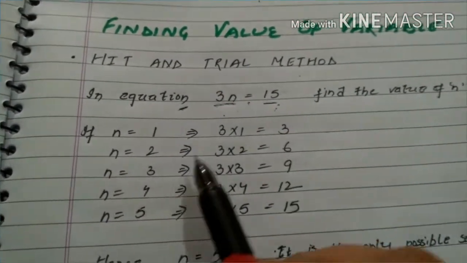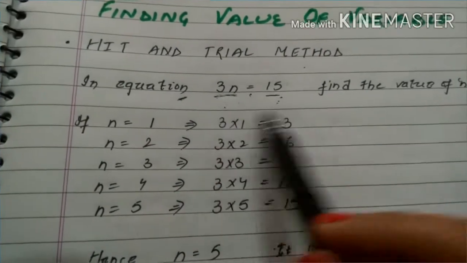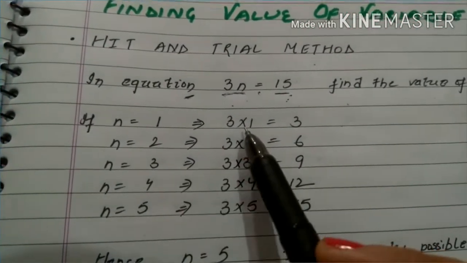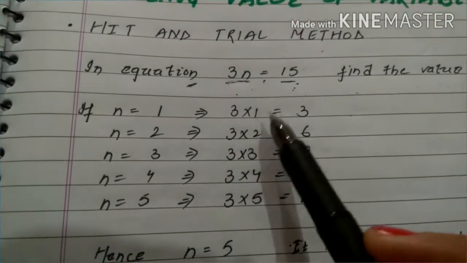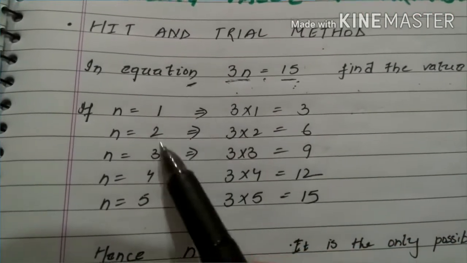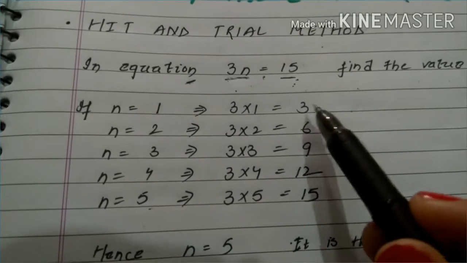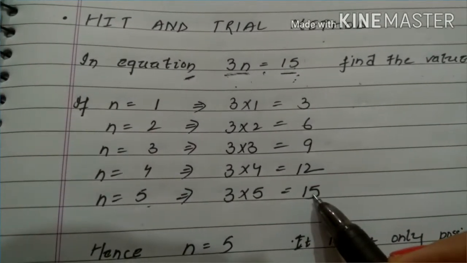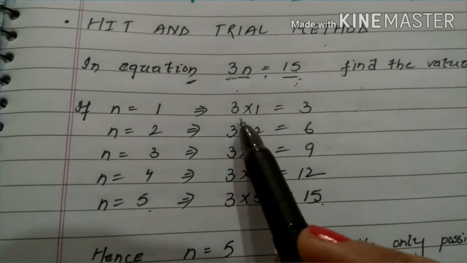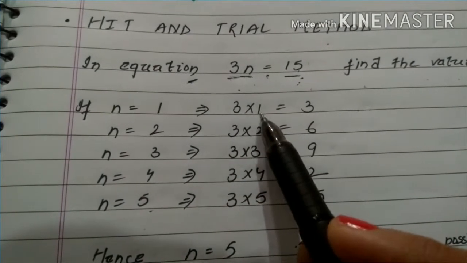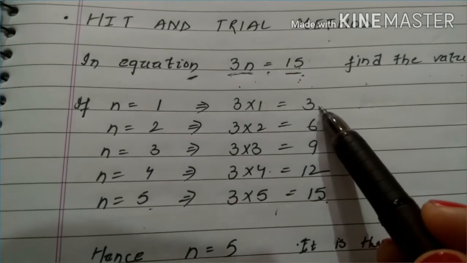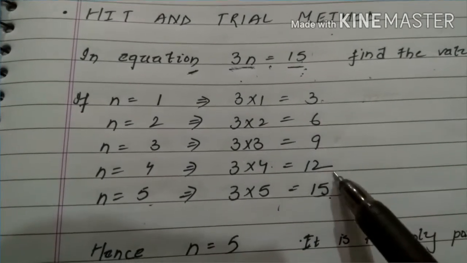So in this equation, you have to find the value of n. You have to try different values of n until you get the right hand side the same as given in the equation, 15. Here we have seen for n is equal to 1, 2, 3, 4, 5, we got the value of the right hand side as 3, 6, 9, 12 and 15.